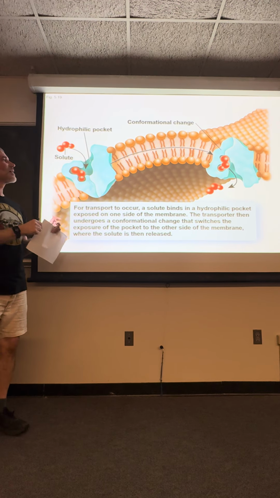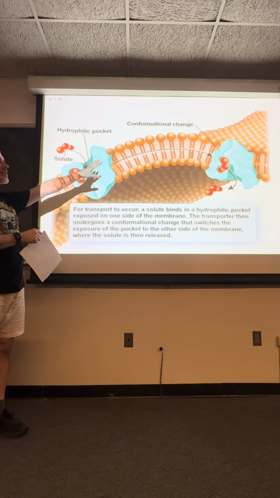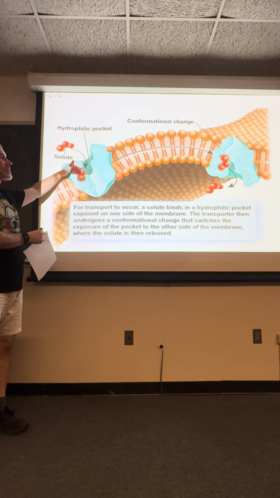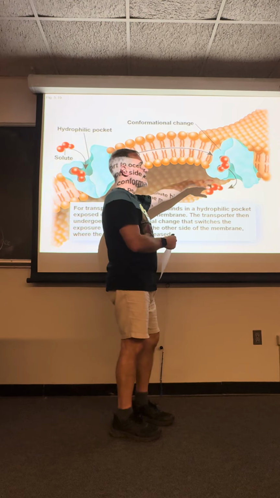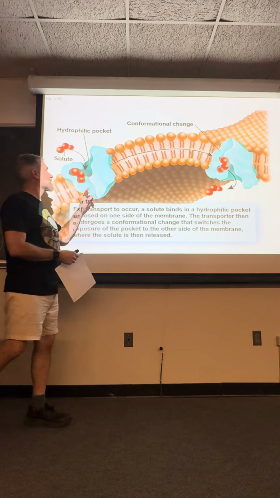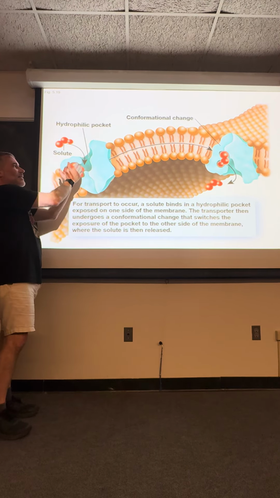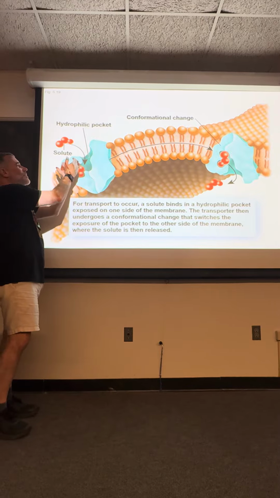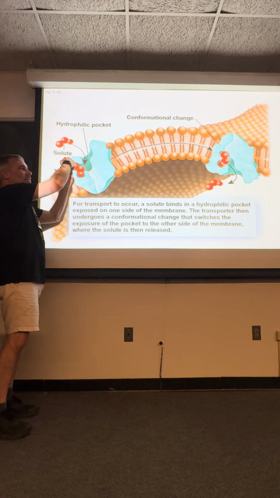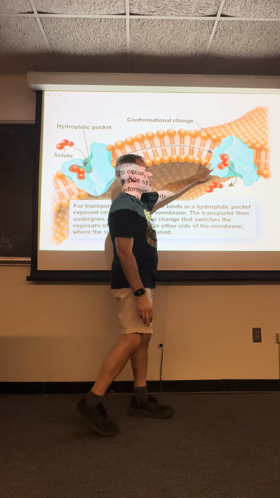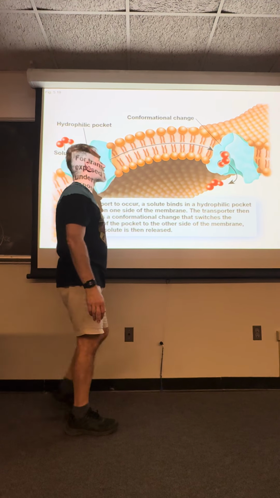So the work that this protein does when it changes its conformation is it moves things from the outside, in this case, to the inside, right? These are molecules that can't cross the membrane. And so when they bind this hydrophilic pocket, that's their little safe place. And when the hydrophilic pocket then faces the inside, they can move into the water, which makes up the cytosol.